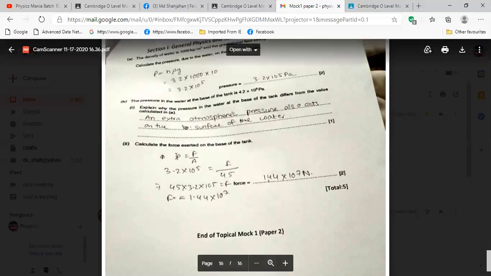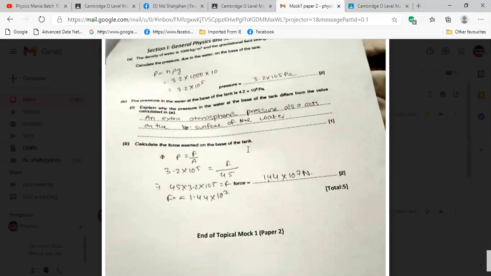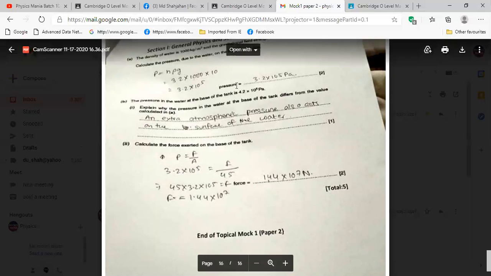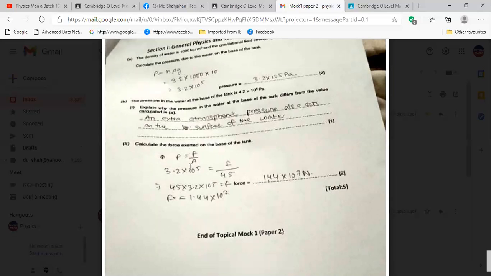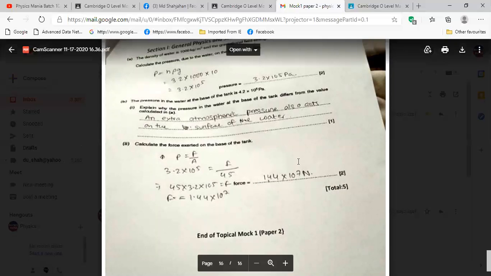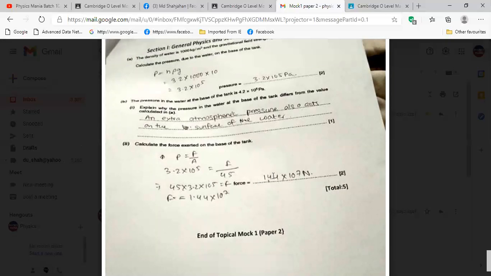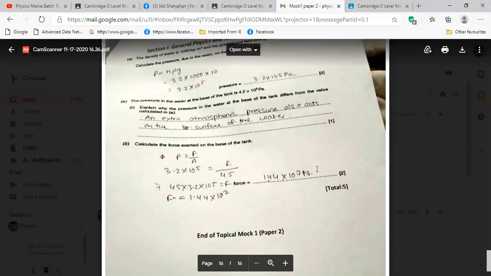And now calculate the force exerted on the base of the tank. Here you should take this one, 4.2. Check with that one, then check what your answer is coming. And here you give minus 1. For the formula, you're getting 1 mark.